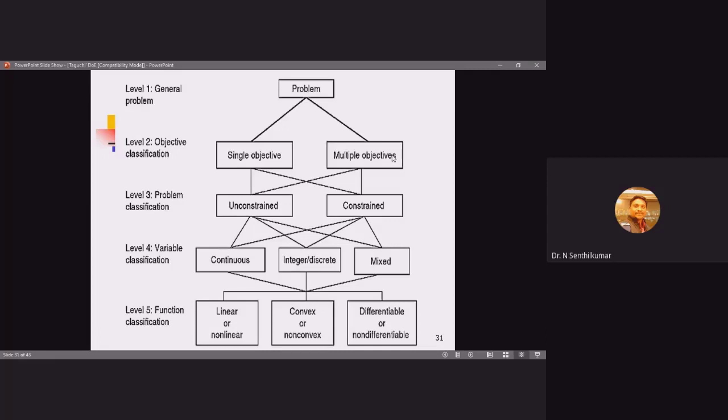Then continuous variable classification. Continuous is 100 to 300. Within that, it can vary anywhere. It may be 100.1, 100.9 or 110, like this. But in the discrete case, it can be machine A, machine B, or machine C. That is called discrete.